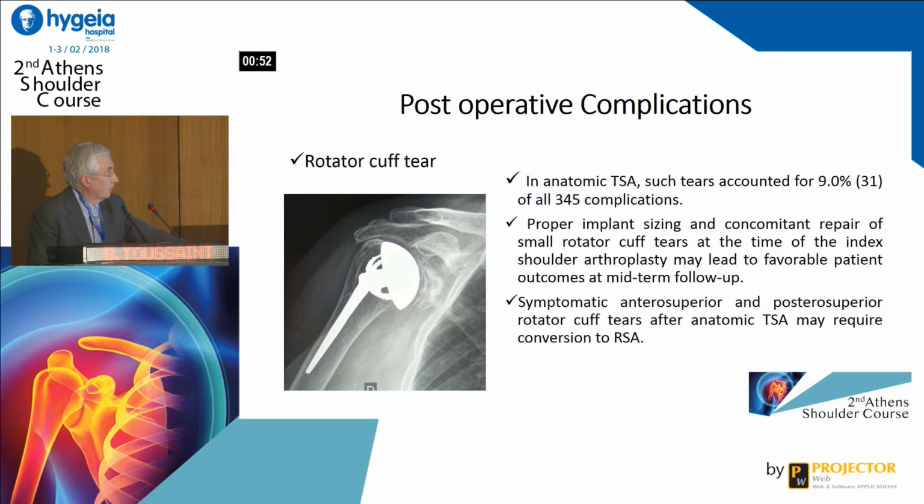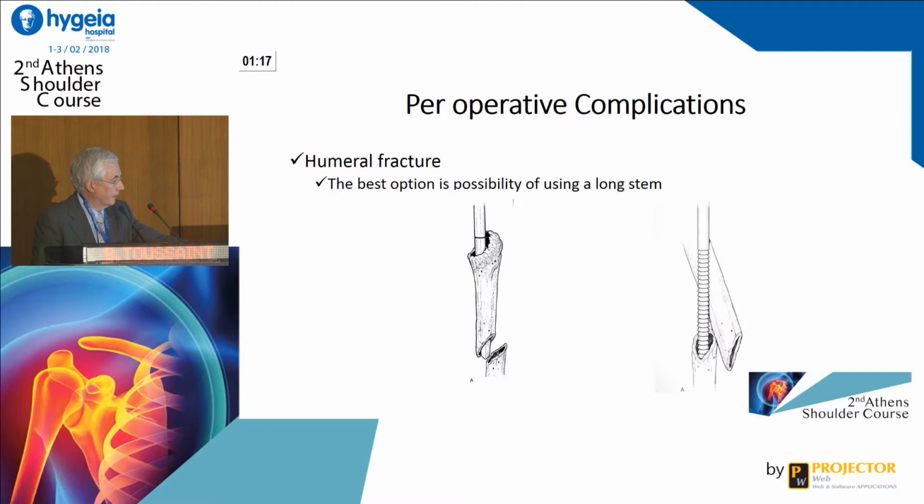The rotator cuff tear is a big problem, and sometimes it arrives a very long time after the first implantation. The best way for that is to convert to reverse shoulder arthroplasty to solve the problem of the insufficiency of the cuff tear.